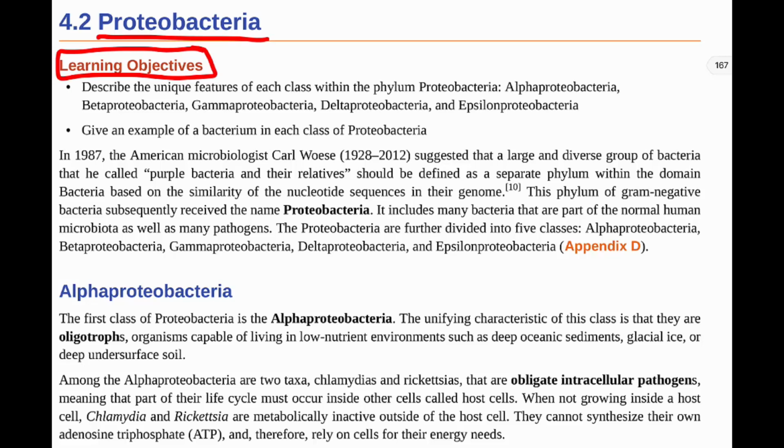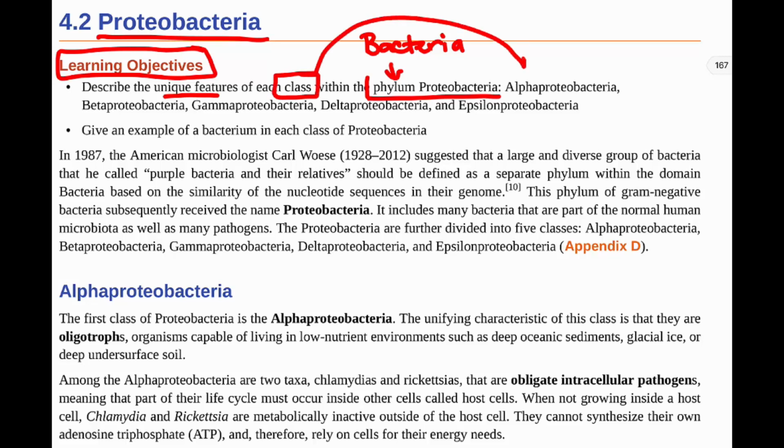So we're going to be taking a look at the unique features of each class within the phylum Proteobacteria. Keeping things organized, we're talking about the domain Bacteria, then the phylum Proteobacteria, and then each class within it.